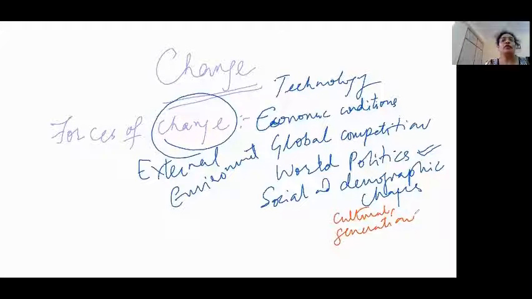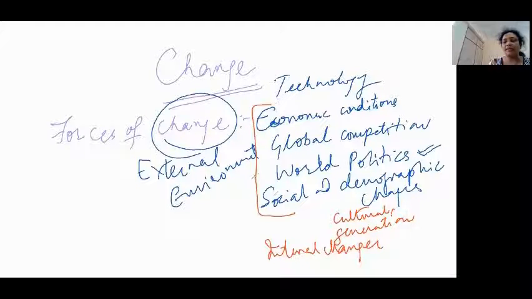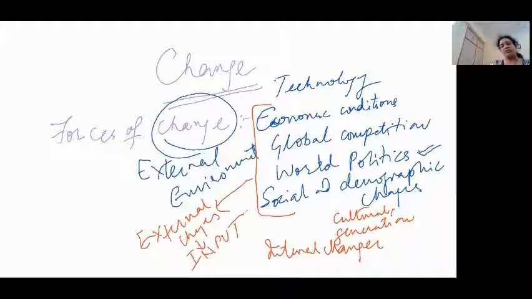Next, let us move to some of the internal changes. Now, what are these internal changes? These are basically external changes, right? They are external changes which we get as input in an organization. If you remember yesterday's diagram, you have input, then output, then throughput.